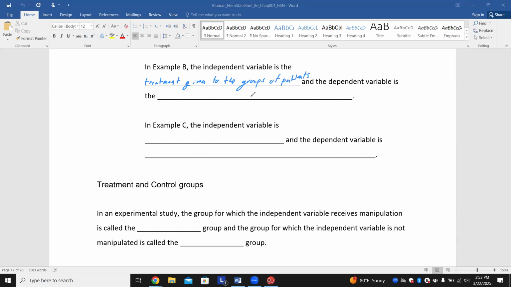And the dependent variable would be the result. How did it heal the diagnosis that they had? So again, the dependent variable is the response of the patients to the treatment.